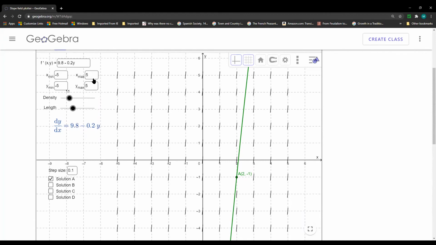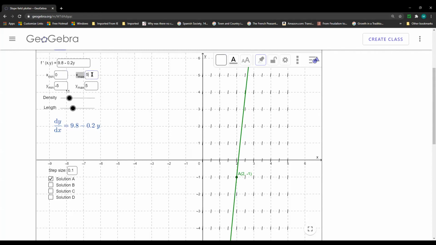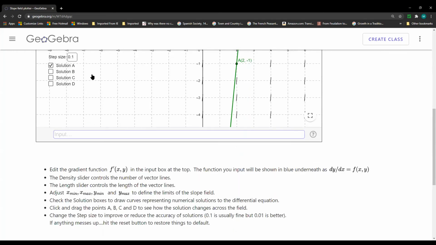Instead of going from -5 to 5 for x and y, we need to make a better choice in terms of what we're looking at. I'll explain in a minute why I'm making this choice, but it's going to simplify things a bit if we go, say, from 0, so no negative time, to 20.